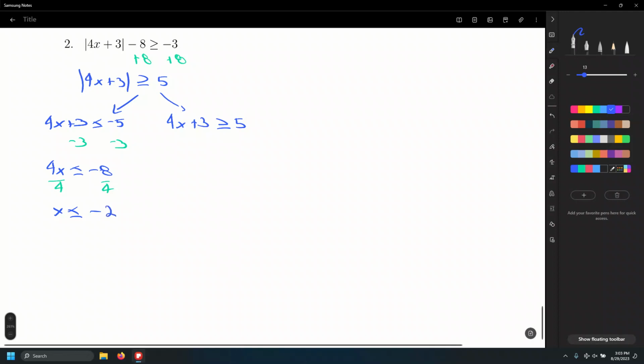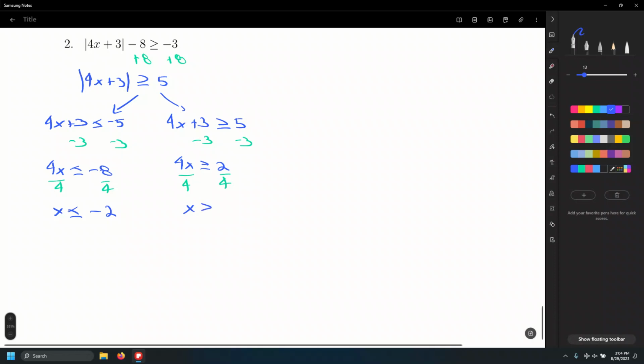Now let's solve the other inequality. Again, subtract the 3 on both sides, and that's 4x greater than or equal to 5 minus 3, that equals 2, and then divide both sides by 4.